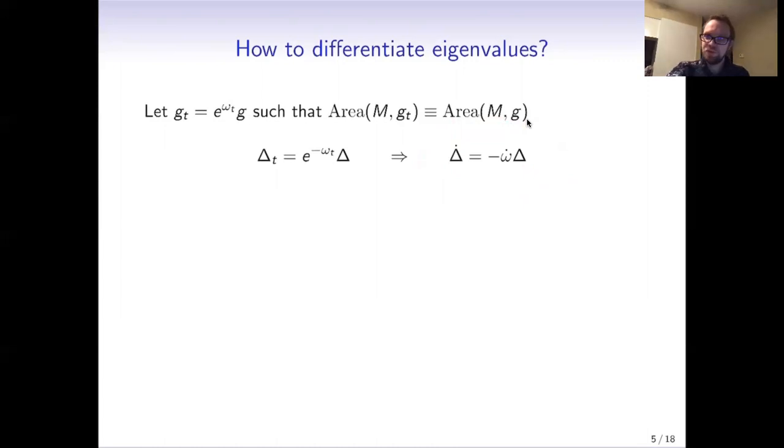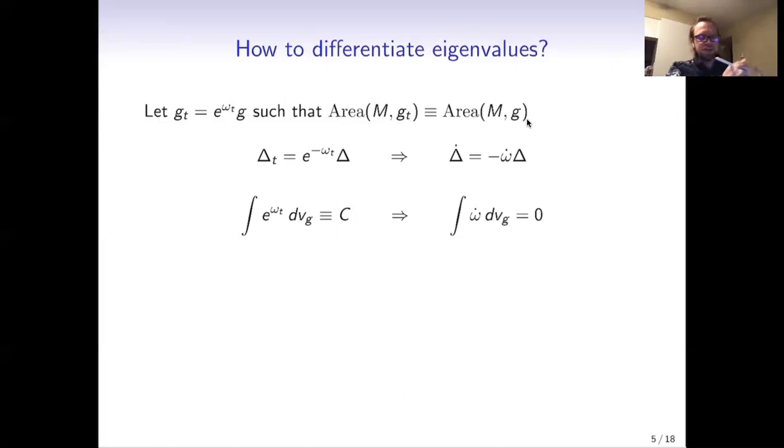Now let's go back to the formula for lambda dot and put everything back in. One thing to keep in mind is that omega_t could be anything, but we do require that area is preserved. Why do we do that? Because our function is not actually just the eigenvalue, it's the eigenvalue times the area. It's easier to assume the area is fixed in the deformation and differentiate only the eigenvalue.